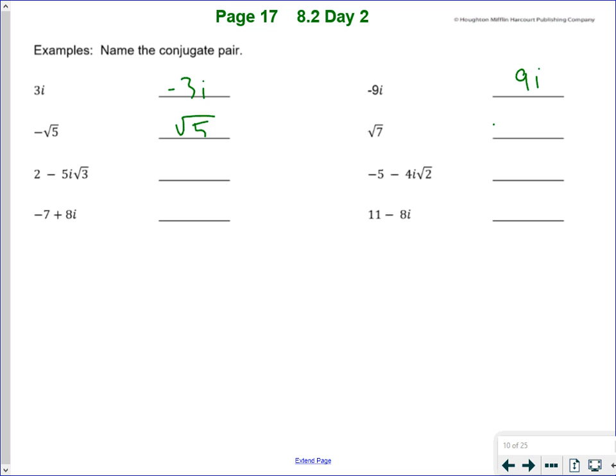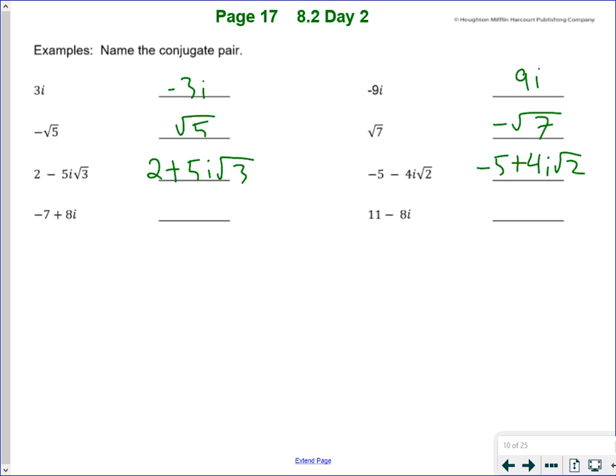Square root of 7, its conjugate pair will be negative square root of 7. Now we have 2 minus 5i root 3. Its conjugate pair will be 2 plus 5i root 3. And then we have negative 5 minus 4i root 2. Its conjugate pair will be negative 5 plus 4i root 2.